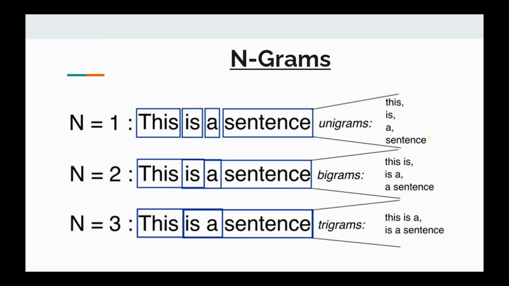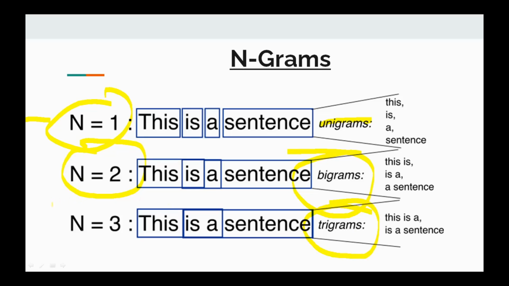In general, the most commonly used n-grams are unigram, n equals 1, bigram, n equals 2, and trigram, n equals 3.